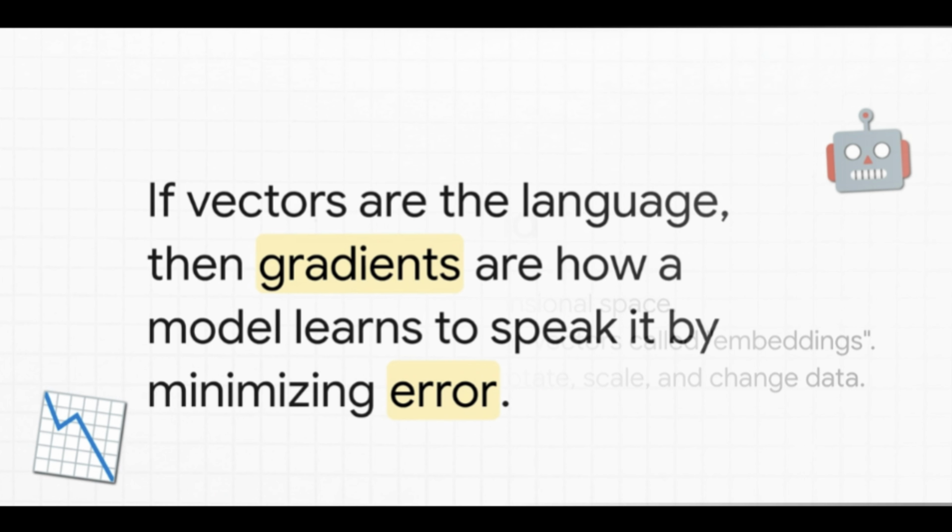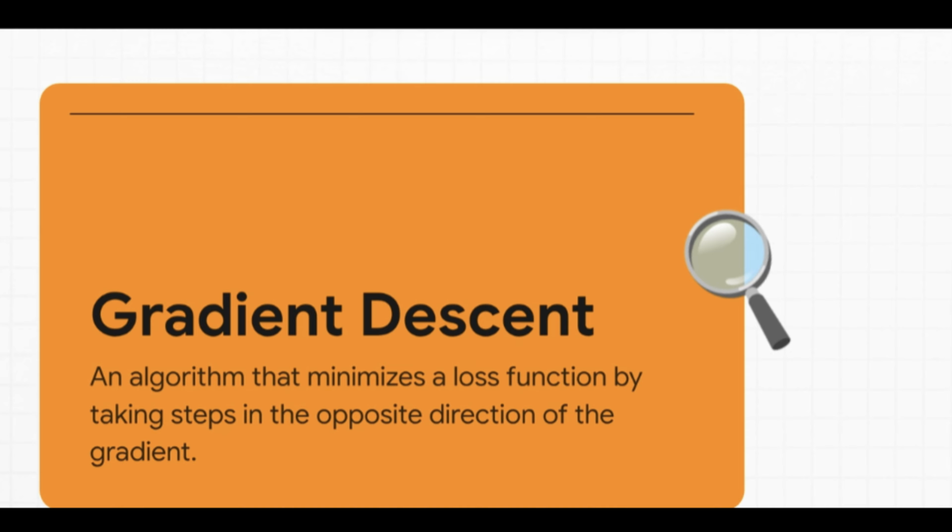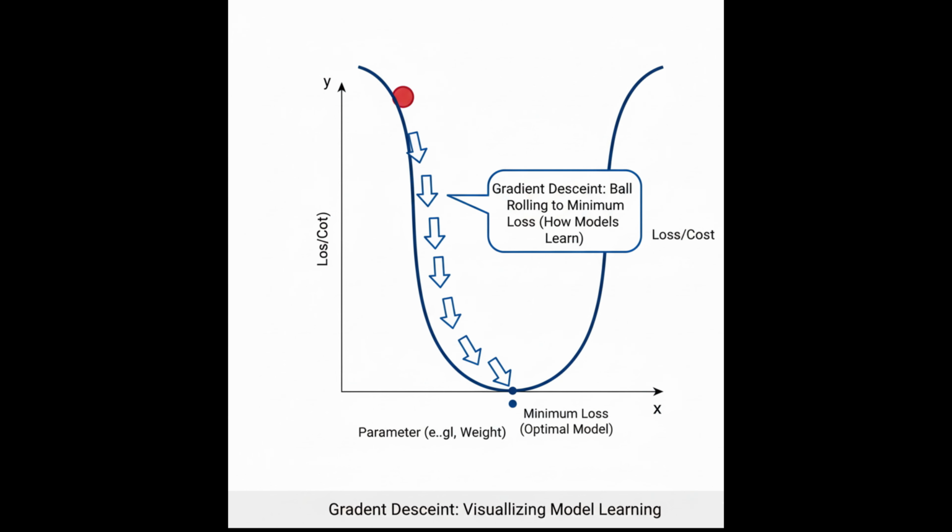So if vectors are the language, our second big idea, gradients, is how the model actually learns to speak it. This right here is where the learning magic happens. This is one of the most beautiful and powerful intuitions in all of tech. Just picture a ball rolling down a big curvy hill with the goal of finding the lowest possible point. In AI, that lowest point is the solution with the least error.